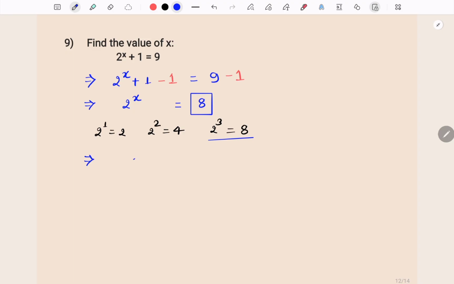So in the equation we have 2 raised to the power x is equal to 8, that is 2 raised to the power 3. So if you compare both sides of this equation, you can see clearly that x is actually 3. So this is the answer for this question.